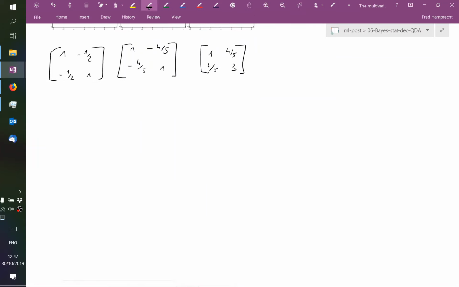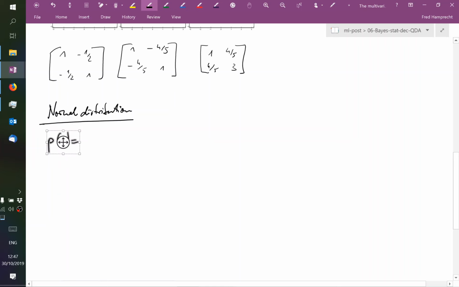The multivariate normal, or just the normal distribution, has some normalization constant which depends on the dimensionality and depends on the covariance matrix.